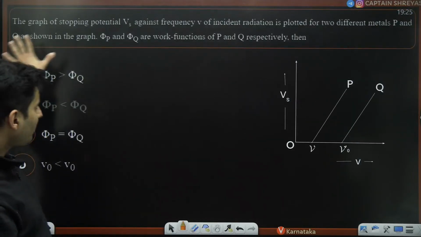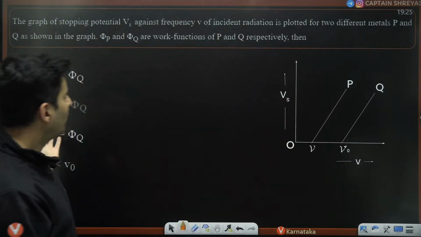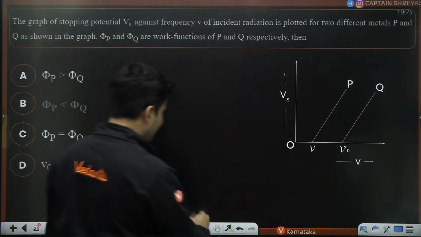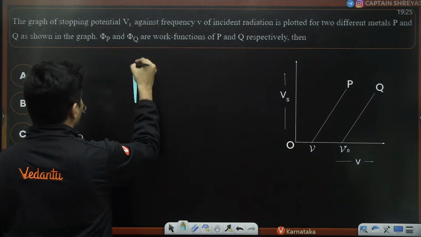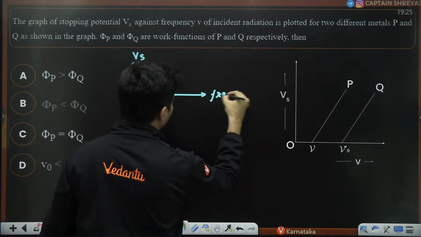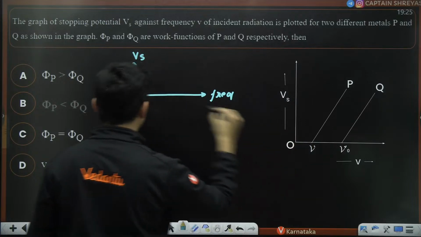Next question. The graph of stopping potential versus frequency is shown for two different metals. Can you compare phi p and phi q? Now this is a standard graph, if you remember. Whenever you draw the graph of stopping potential versus the frequency, the graph always looks like this.